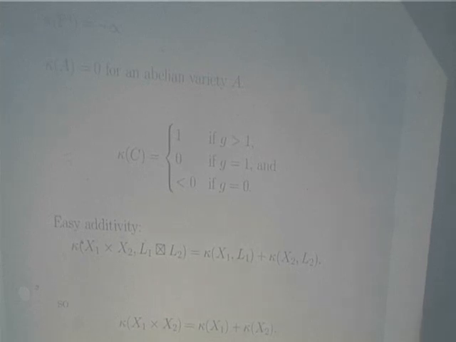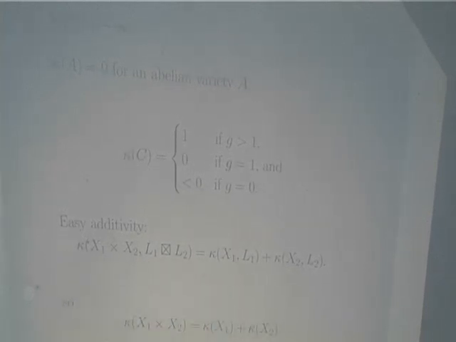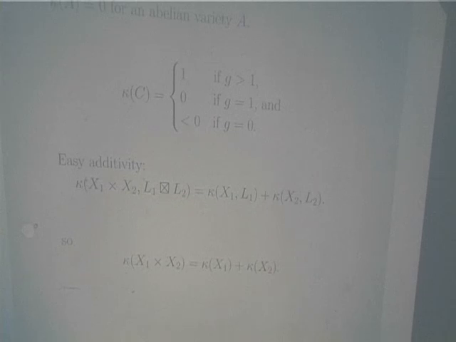Okay, let me just say this last thing. This is one of the little exercises that you have in your lecture notes. The Kodaira dimension of a product with a product line bundle. You have two varieties, one line bundle here, one line bundle here. You can pull back the line bundles to the product and tensor them.